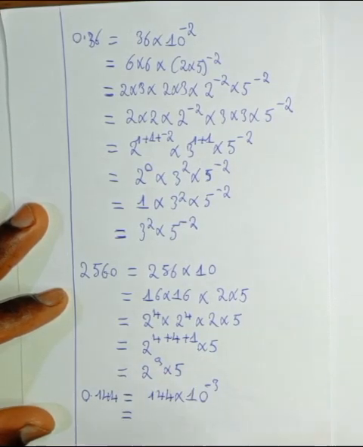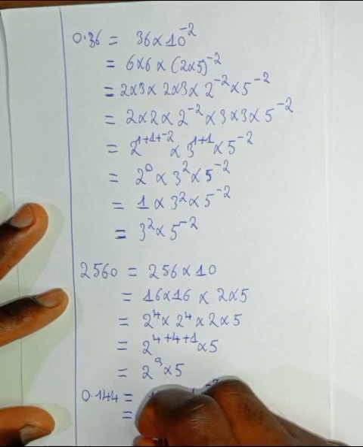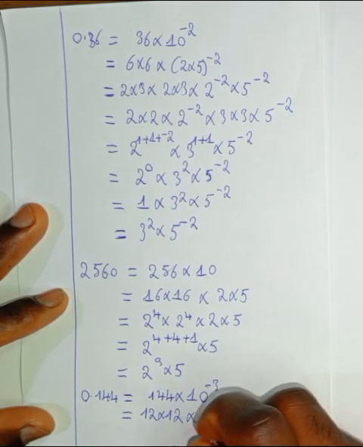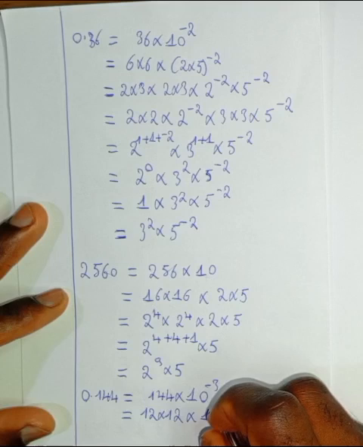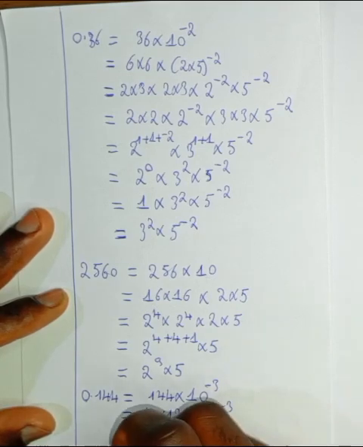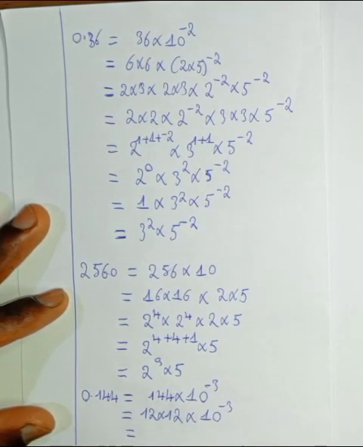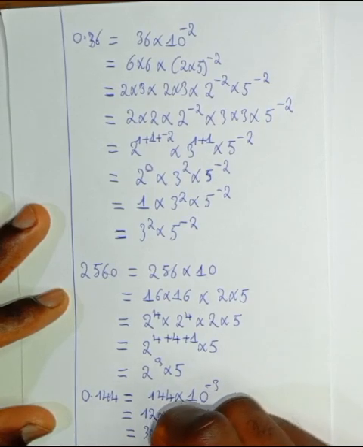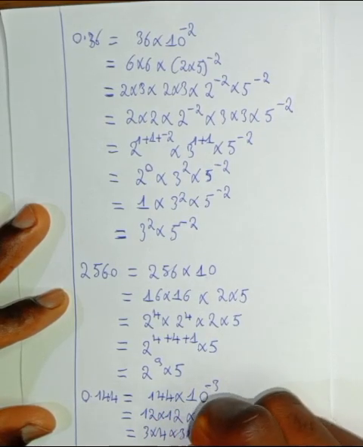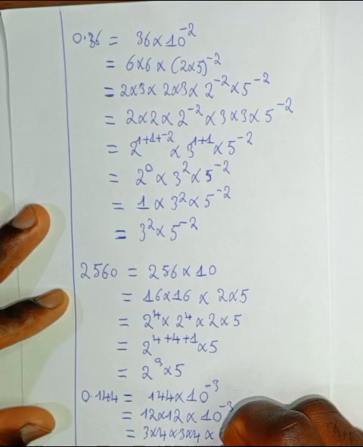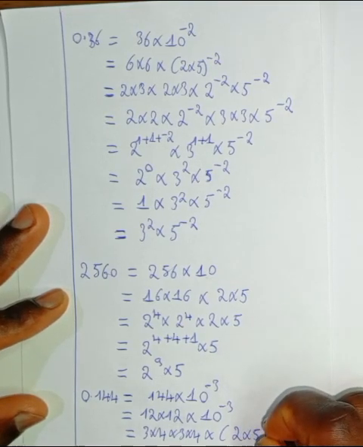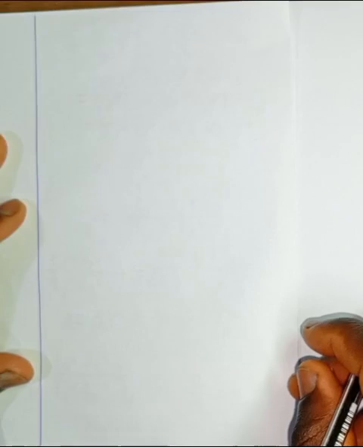This will simply be the same as, 144 is the same as 12 times 12 times 10 raised to the power negative 3. We know this is simply equal to, we can write 12 as 3 times 4 times 3 times 4 times, the prime factorization of 10 is simply 2 times 5. We raise all this to the power negative 3.